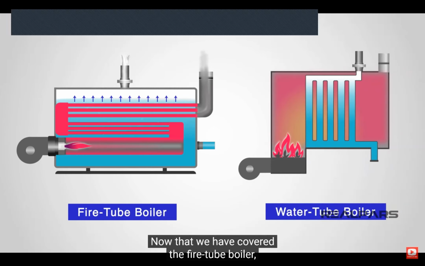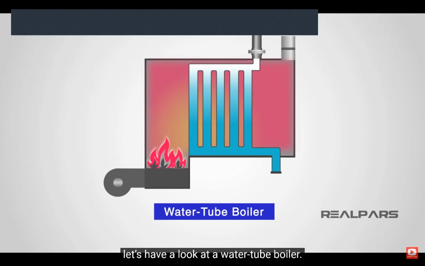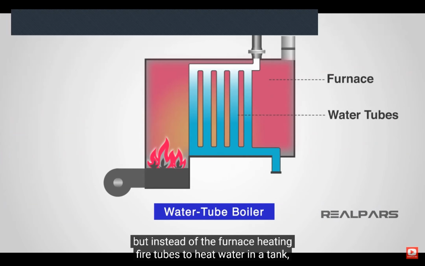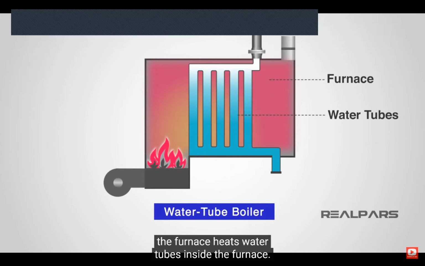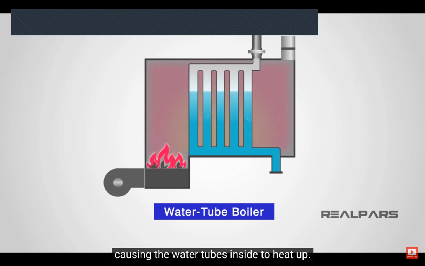Now that we've covered the fire tube boiler, let's have a look at a water tube boiler. The design is fairly similar to a fire tube boiler, but instead of the furnace heating fire tubes to heat water in a tank, the furnace heats water tubes inside the furnace. In the same way, a fuel source is burned in the furnace, causing the water tubes inside to heat up.